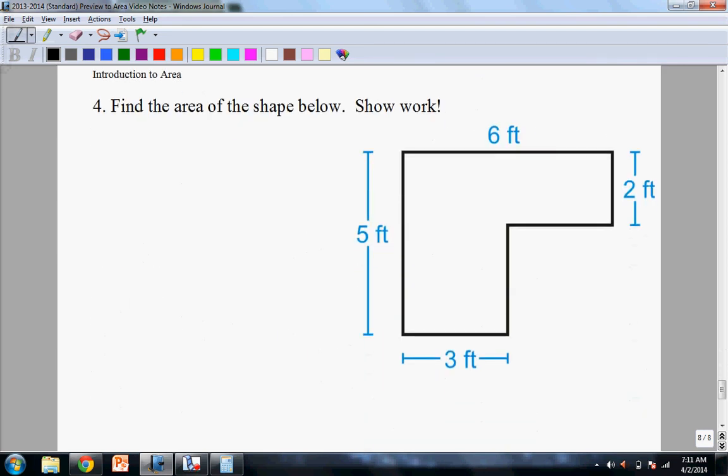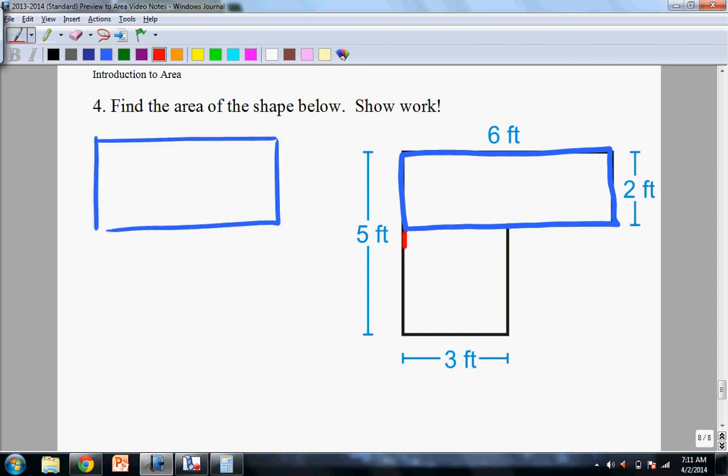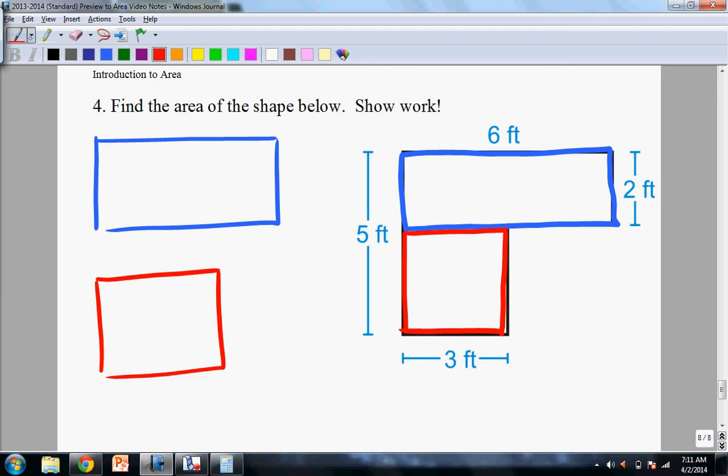Let's check this one. This one's called a composite shape. So there's a couple ways you can look at this. Either you can look at this as 2 different rectangles, and there's a couple ways you could have divvied that up.